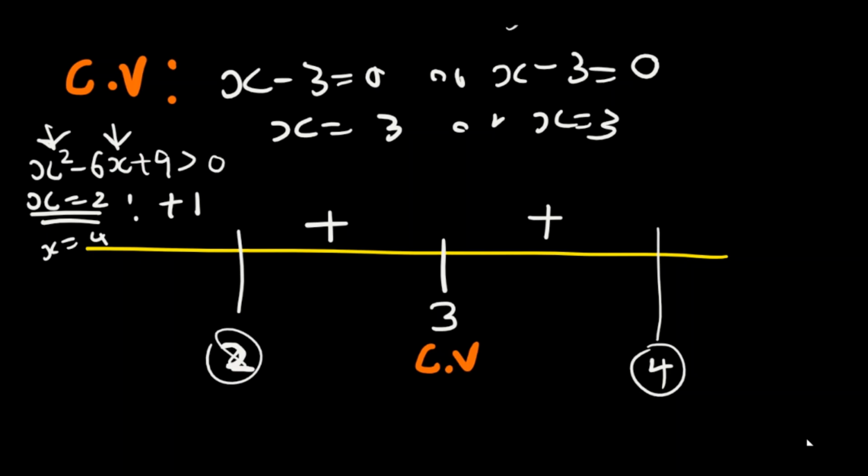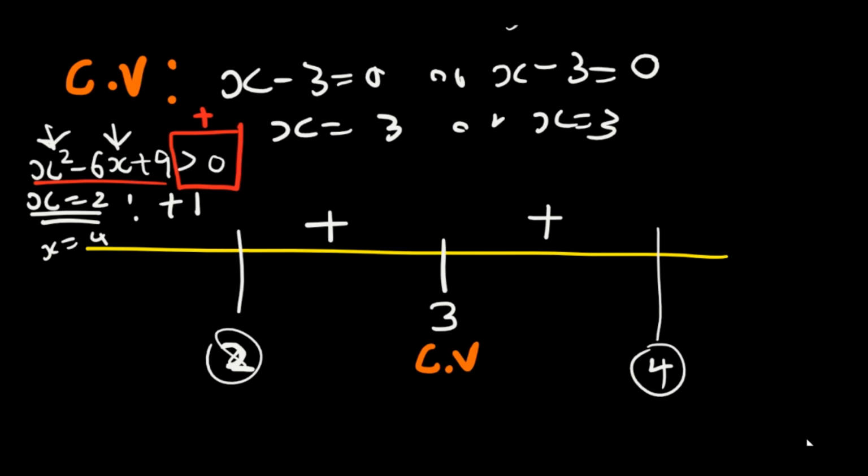So now once you find the signs on your number line, you're going to interpret and say what are the values of x? Because remember the question says you want to identify the values of x when the inequality is greater than 0. So anything that's greater than 0 is positive.